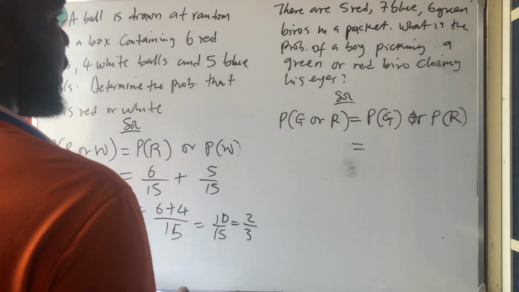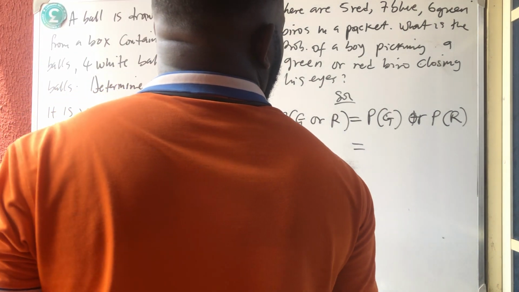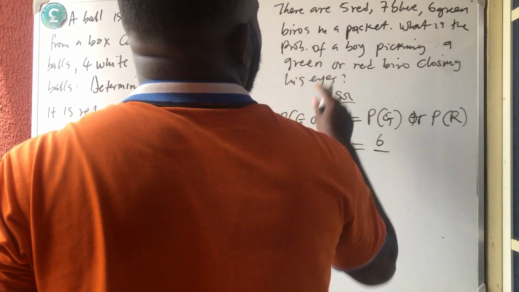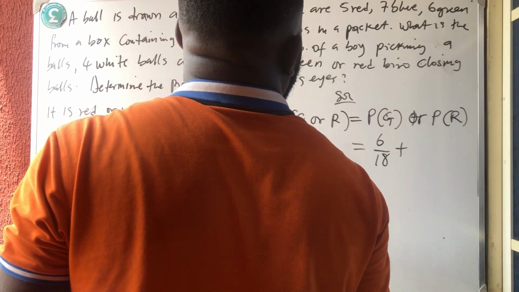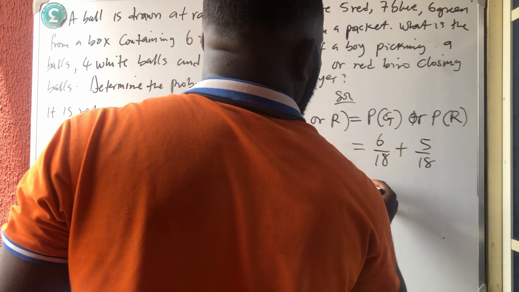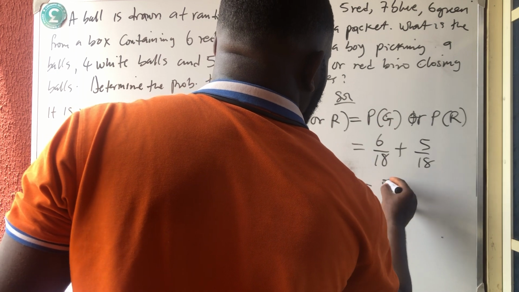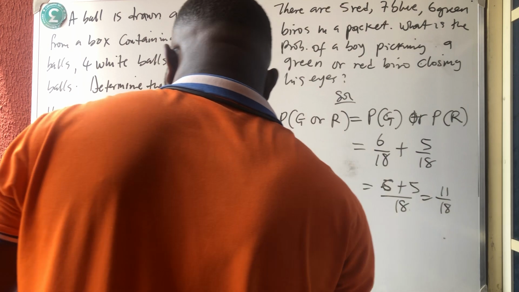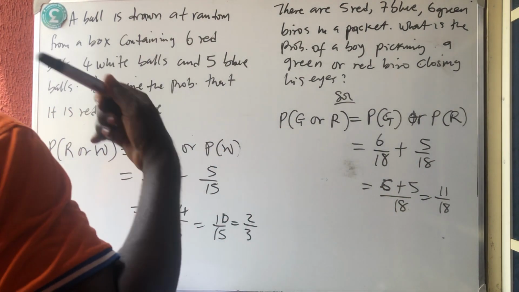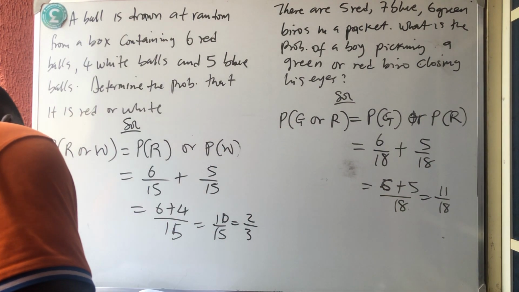So the probability of green will be 6 over the total 18, plus red is 5 over the same 18, which is 6 plus 5 over 18, which is 11 over 18. As simple as that. Okay, 11 over 18.